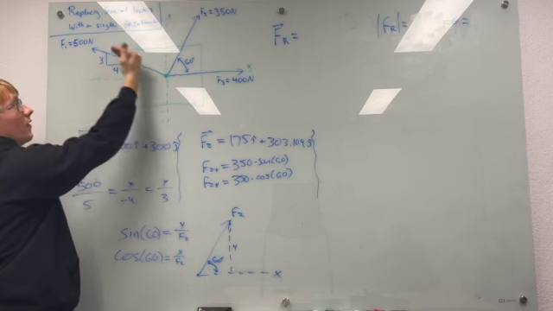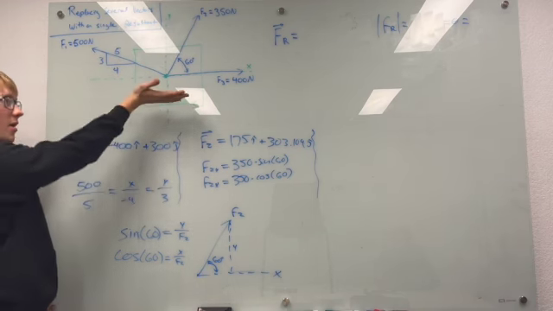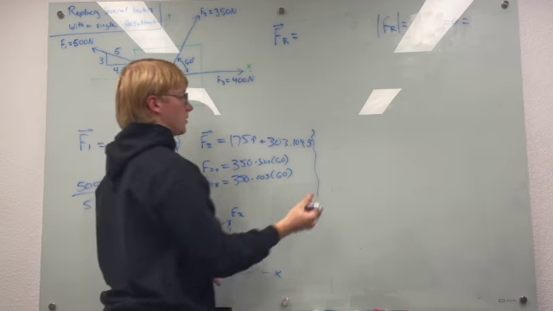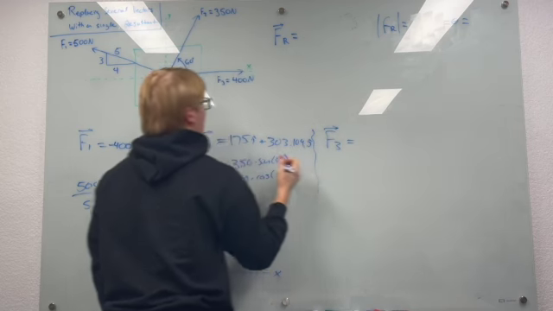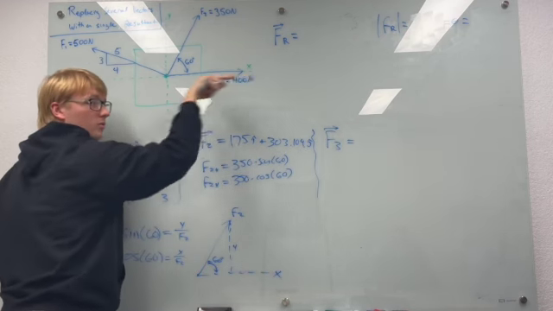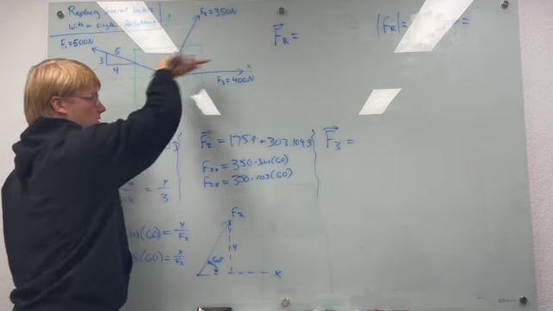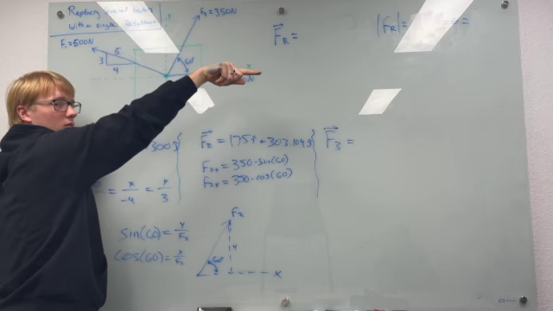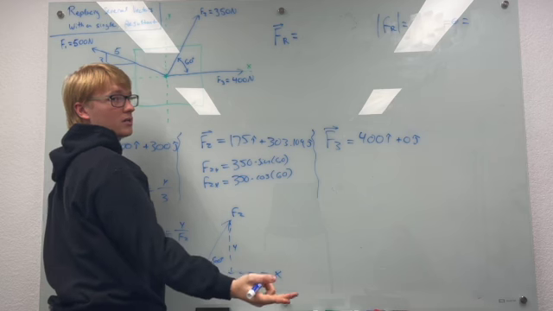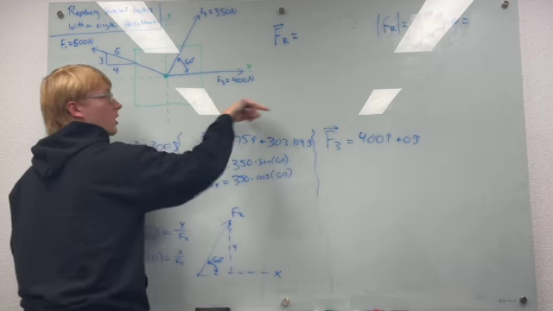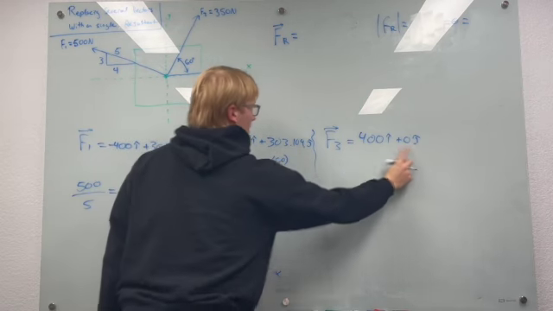And that's why it's 500 at this angle. Same goes for F2. F3 is exactly 400 newtons that way and 0 newtons up. And you can see that because it lies straight, it's horizontal. Does that make sense? Yep. It's moving in the x direction 400 newtons and none in the y direction. That's why it's like that.